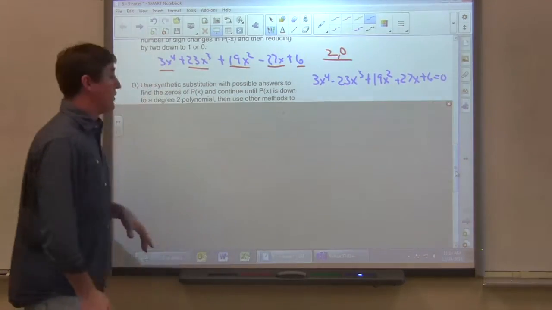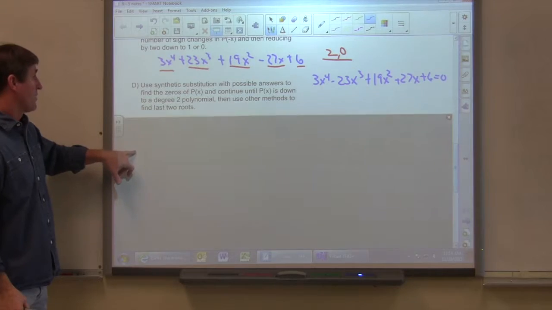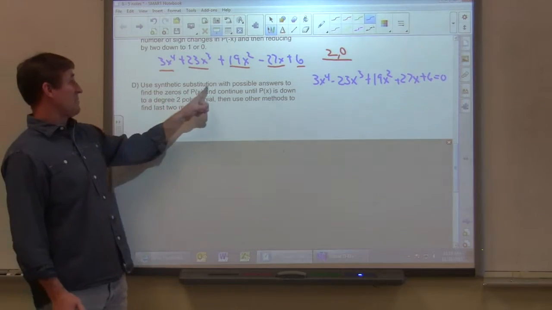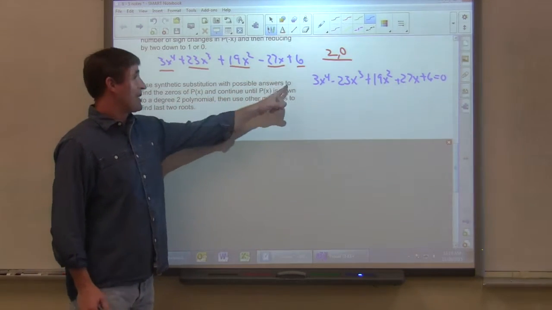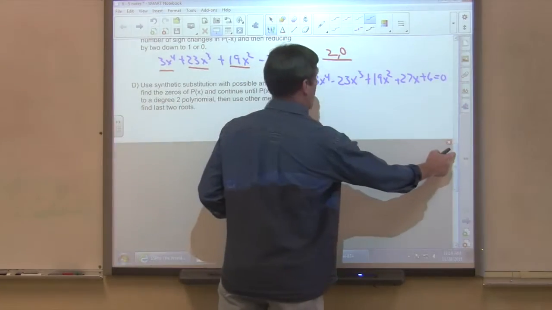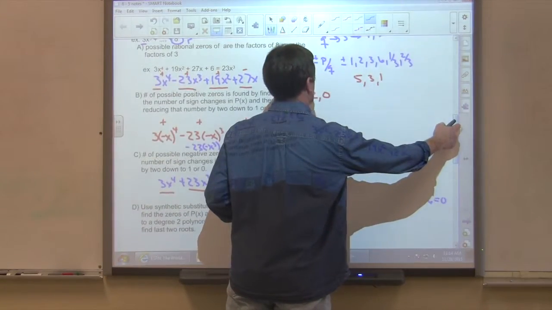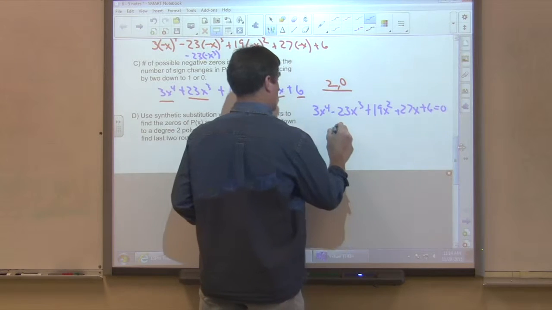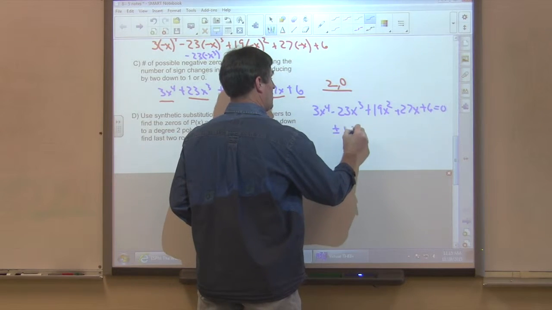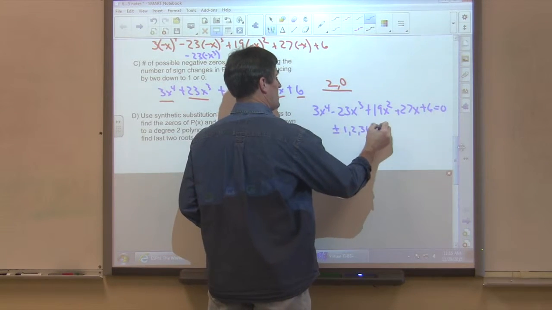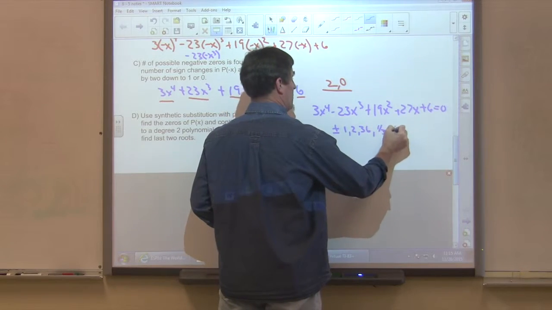And now we're going to go through and find these zeros. So we're going to use synthetic substitution with the possible answers. Remember, our possible answers are, let's rewrite those, plus or minus 1, 2, 3, 6, 1/3, and 2/3.